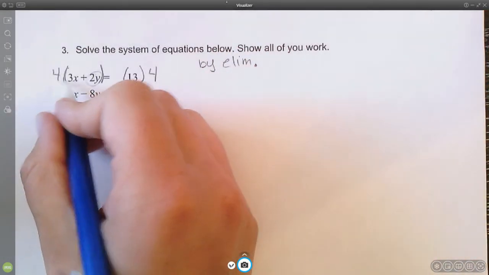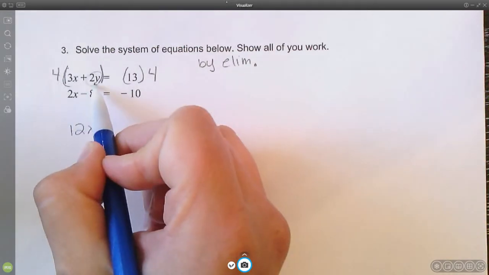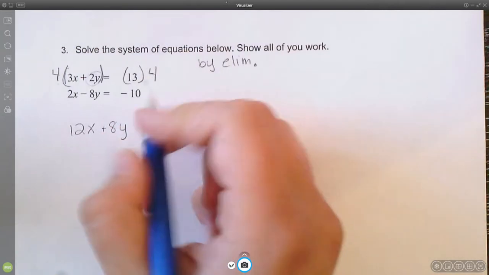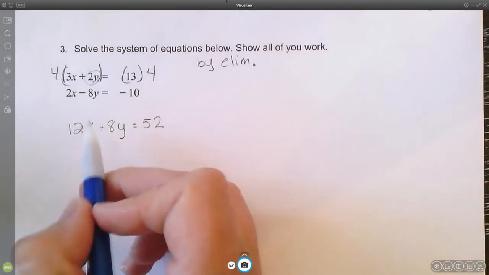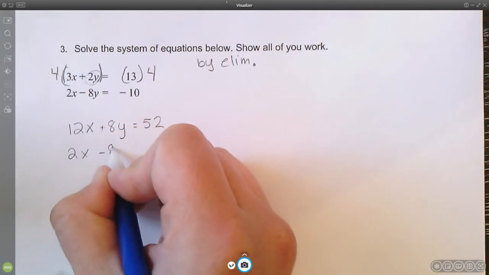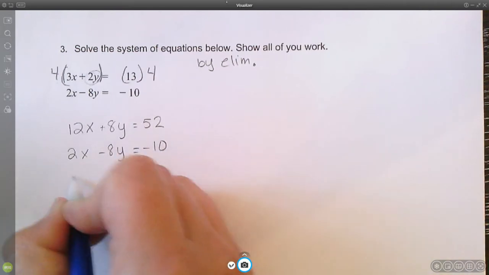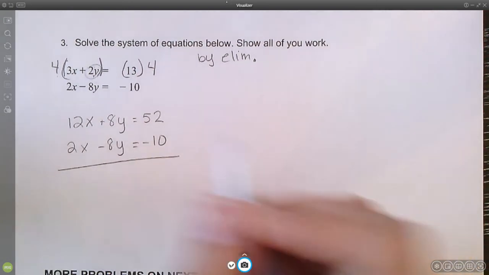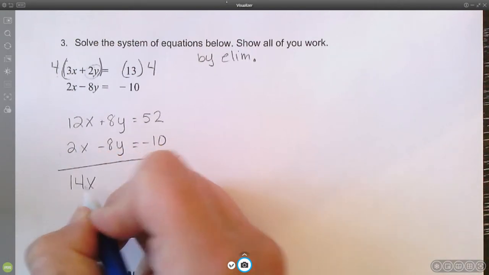So when I rewrite it, 4 times 3x gives you 12x. 4 times 2y gives you 8y. 13 times 4 is 52. Then we don't need to multiply the bottom by anything, so you're just going to have 2x minus 8y equals -10. So if we add these together, we get 12x plus 2x is 14x.